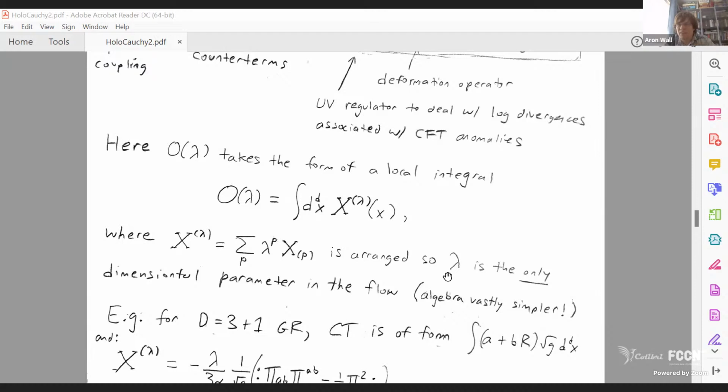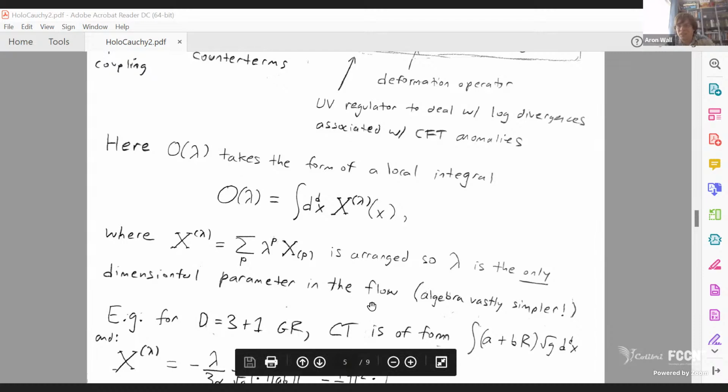This vastly simplifies the algebra. I don't have time to really go into why, but let's say it makes the difference between there being the commutators closing after a single step versus infinitely many commutators and infinitely many terms. So you definitely want to use this convention.